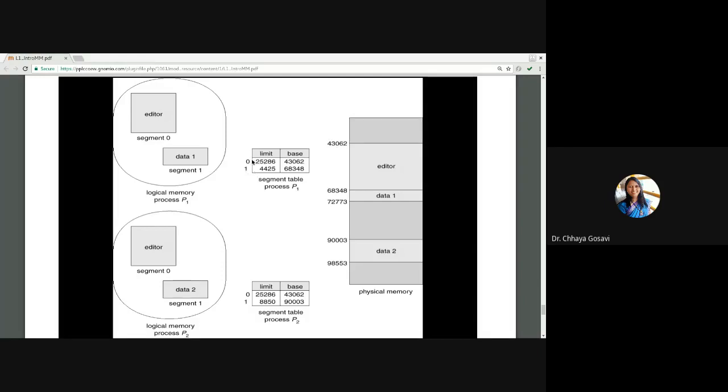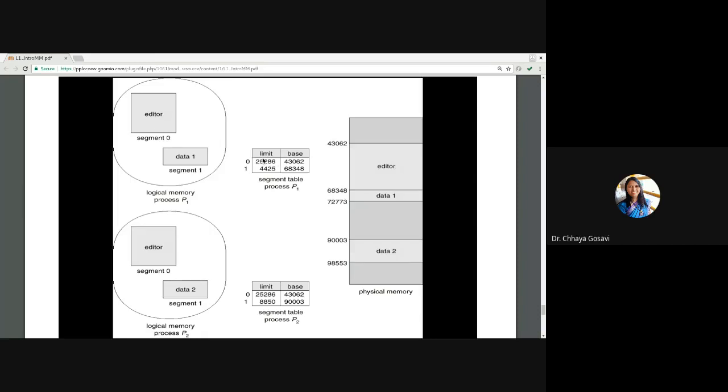For segment 0, which is editor, the editor will start from this base. Note that this part is the operating system and from here onwards we can load user processes from top to bottom. So 43062 is the base address for editor, which is segment 0 of process P1, and limit is 25,286, meaning this is the size of segment 0.